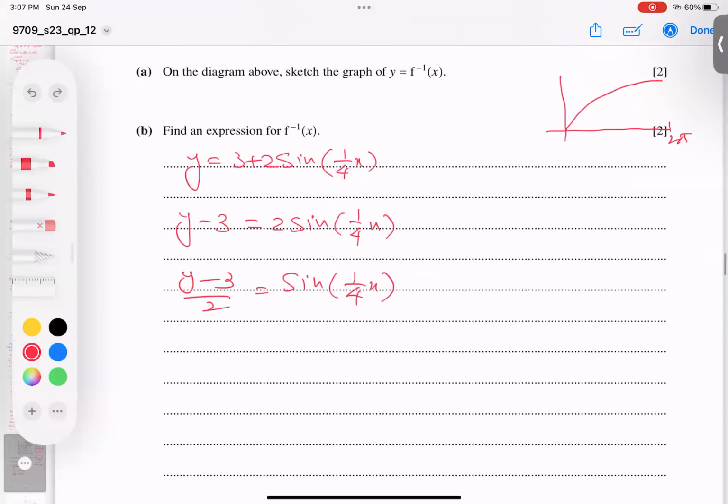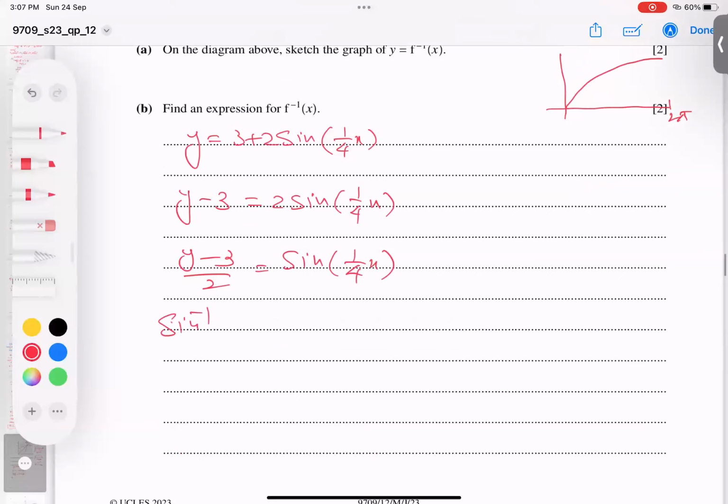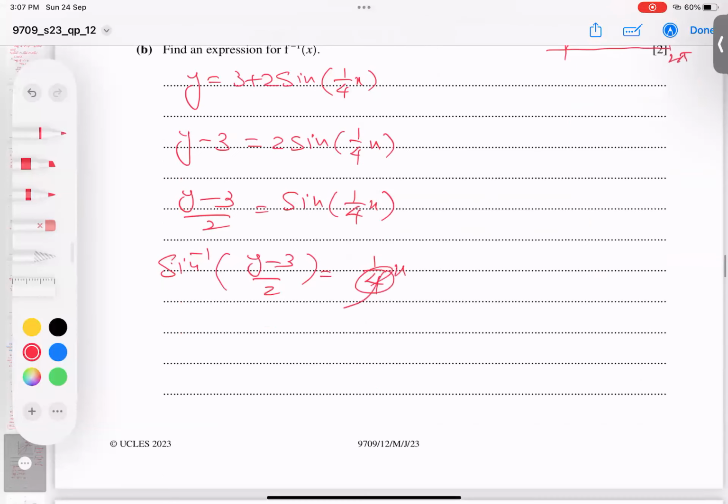Sine will go to the other end and becomes sine inverse. This 4 is dividing, so multiply there. So switch the side. So x is equal to 4 times 2 sine inverse of y minus 3 over 2.